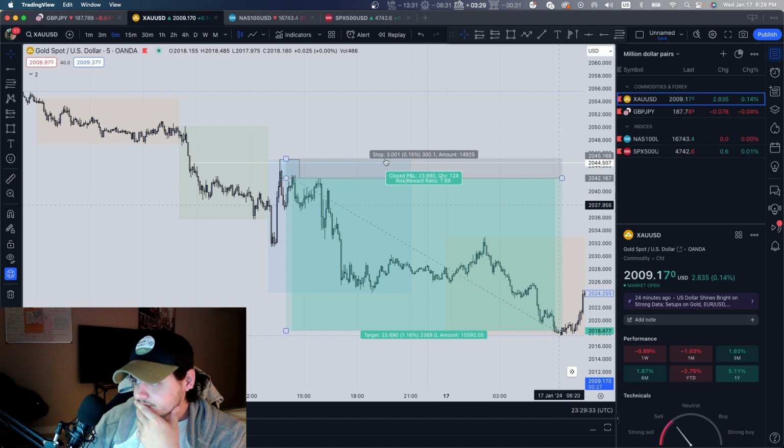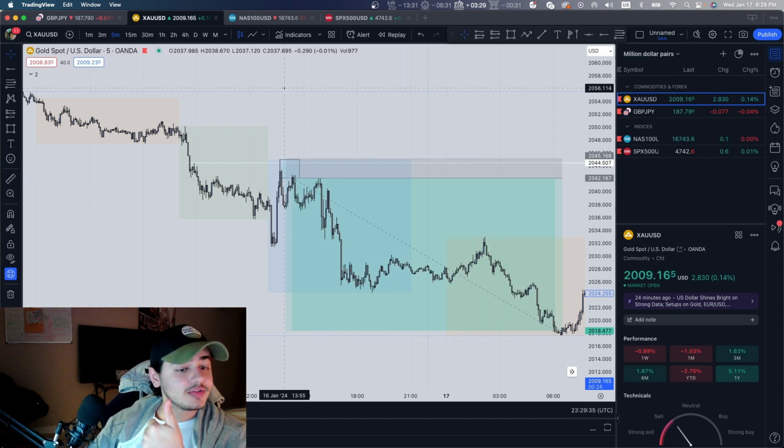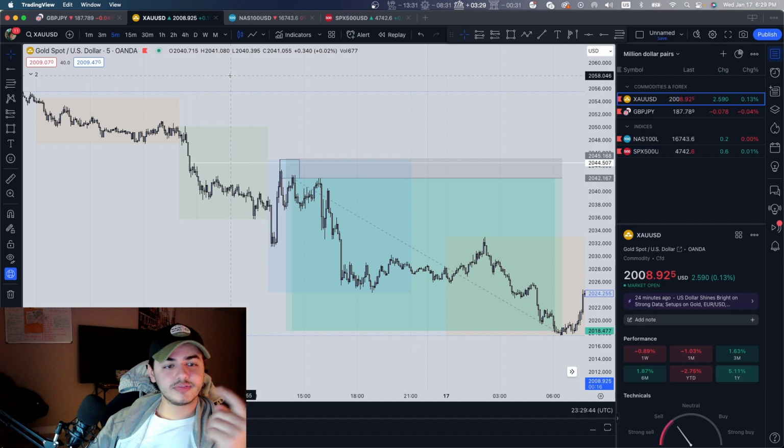So daily bias was bearish because it closed under the previous candle low. Another thing I look for is London session. What did London do? I don't know if you guys have noticed, but New York is almost always a continuation from London.